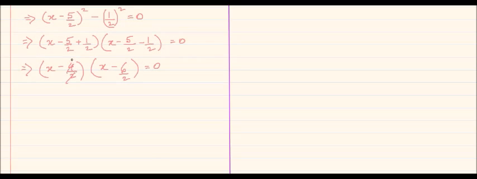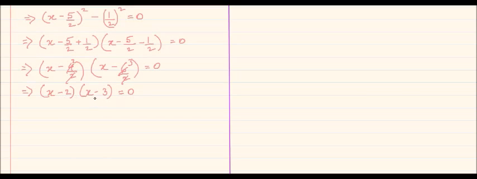And these two will get cancelled and even these two get cancelled. So we have (x minus 2)(x minus 3) equal to 0.